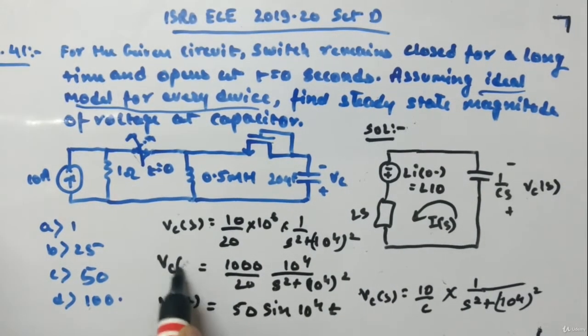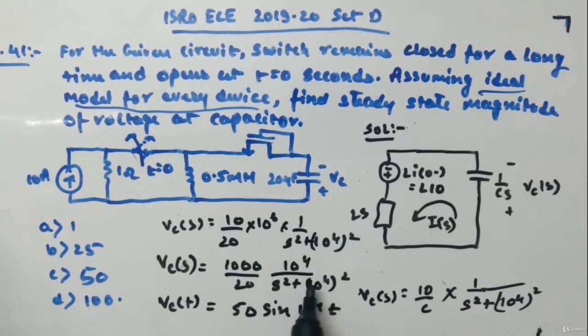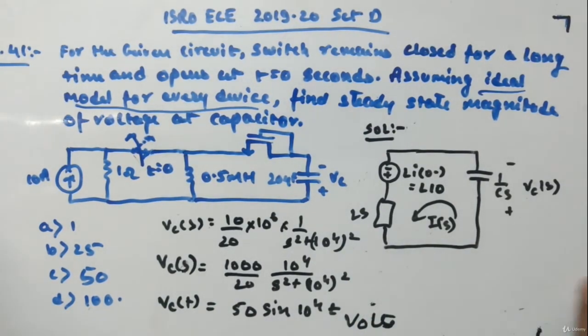This is VC(t), that is in time domain, and this is VC(s) in the Laplace domain. This is in volts.